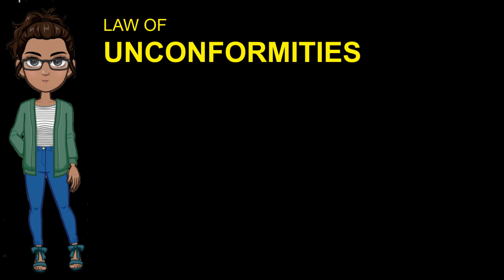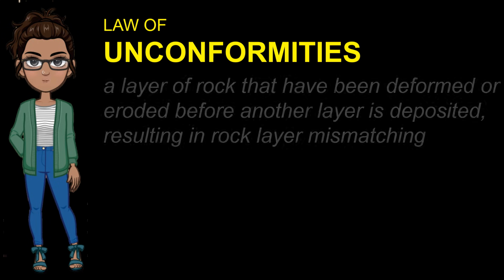Something else that fits into geologic principles and basic stratigraphy, or the study of rock layers, are unconformities. Unconformities are simply gaps or missing data in the rock record. These gaps could indicate a variety of processes such as erosion, deformation, or change in sea level.